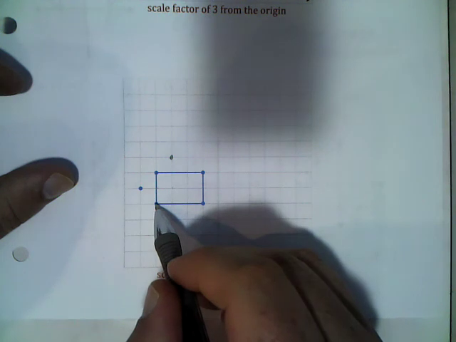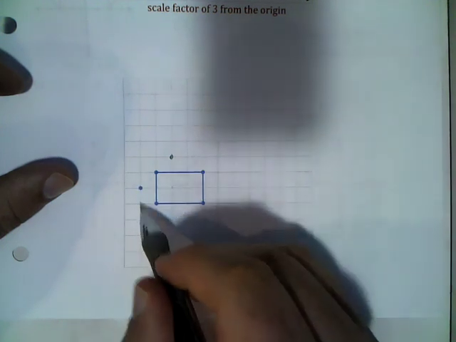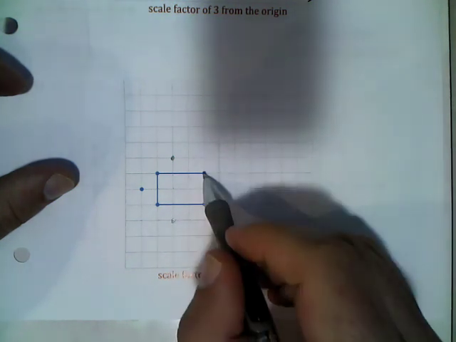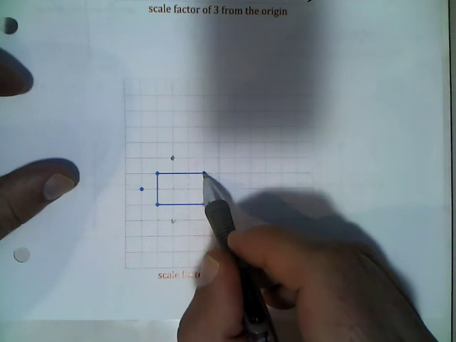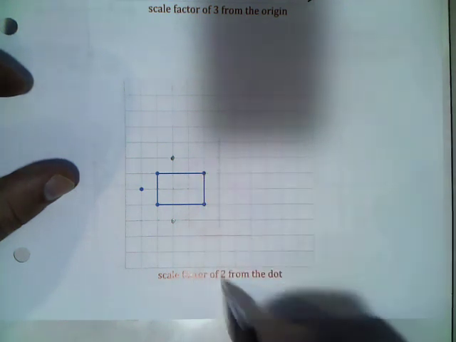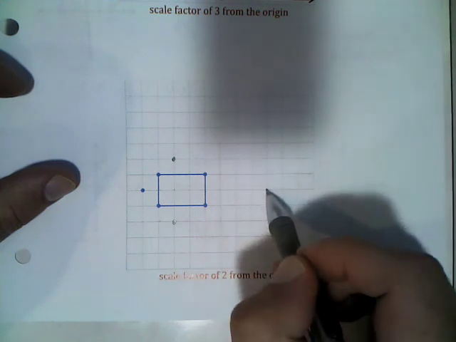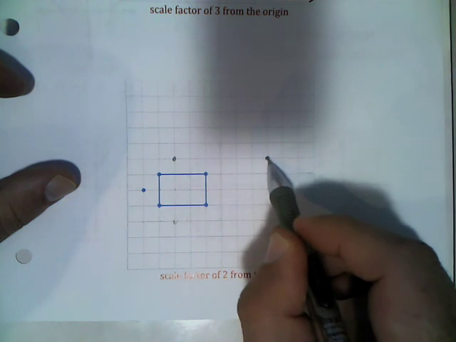This point down here, maybe we go down 1 and right 1. So then I'm going to multiply those both by 2, so I'm going to go down 2 and right 2. To get to here, I'm going to go 1, 2, 3, 4 to the right, and up 1. So multiply those both by 2. I'm going to go 1, 2, 3, 4, 5, 6, 7, 8 to the right, and 1, 2 up.